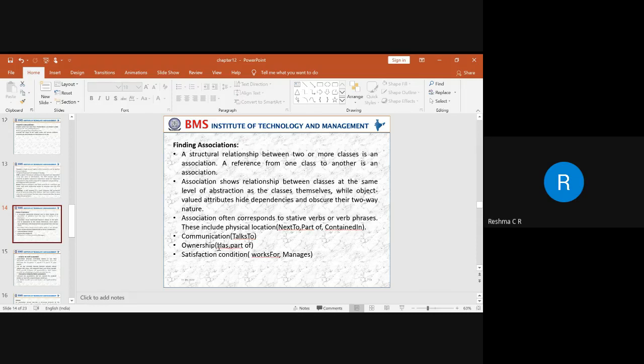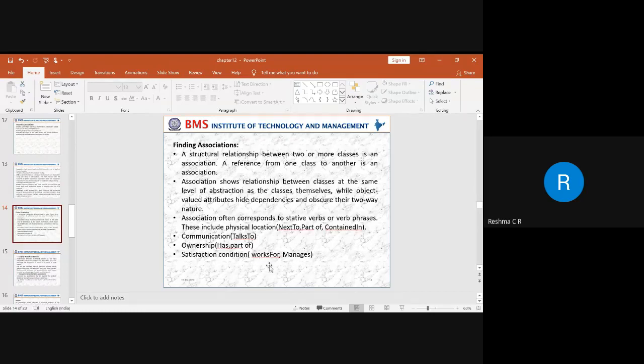Next, ownership. When you say a physical entity like a vehicle or any property, you can say the owner and the property name. So a person is the owner of that particular property, like a car or a vehicle. Next, satisfying the condition.